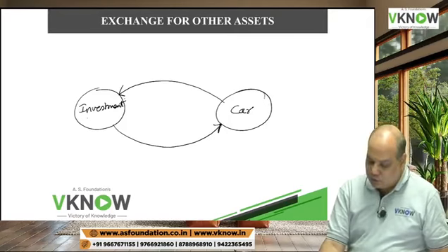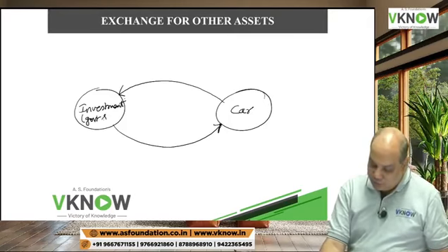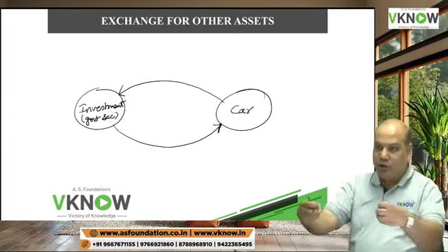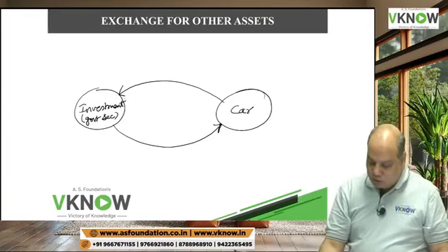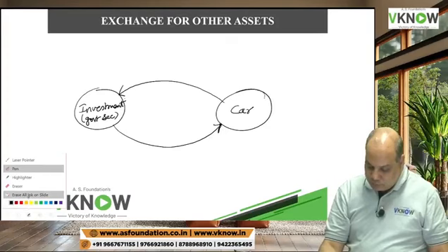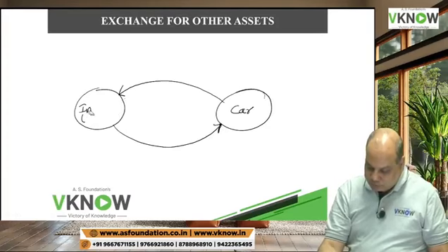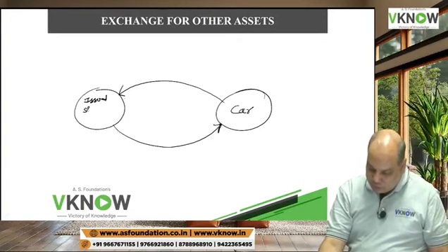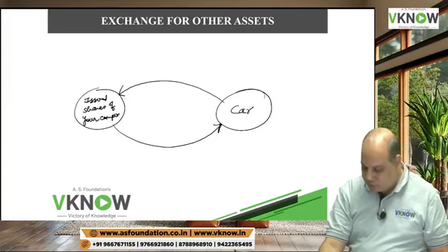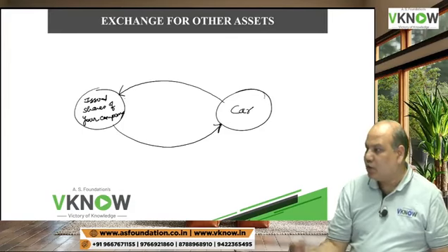You had some government security, you said you take my government security and you give me your car. Or what else is possible? You have issued shares of your company, and you have acquired a car.